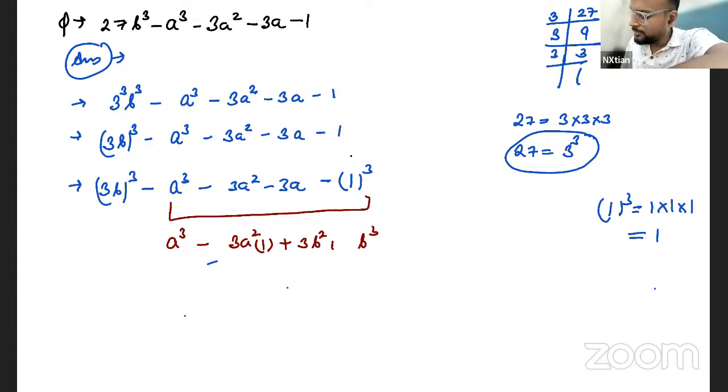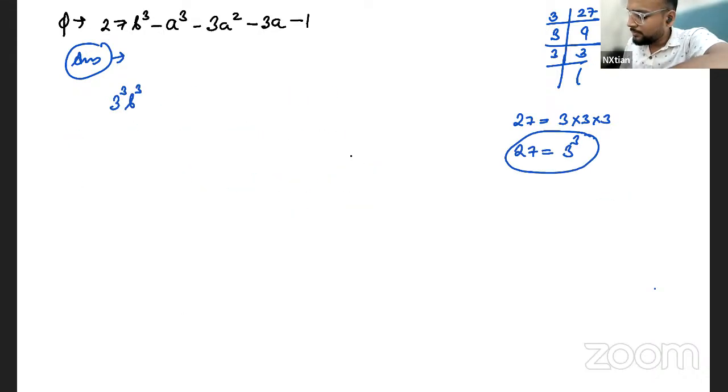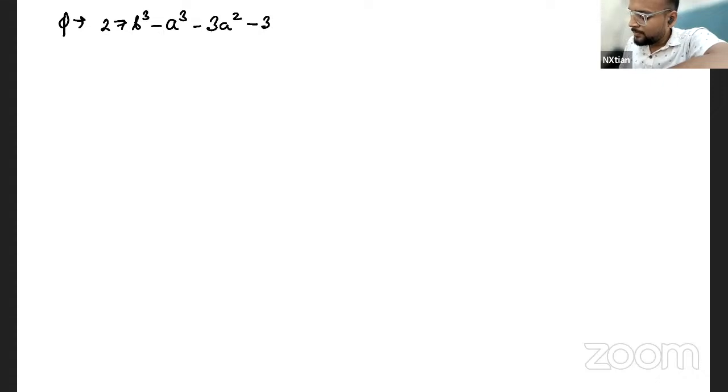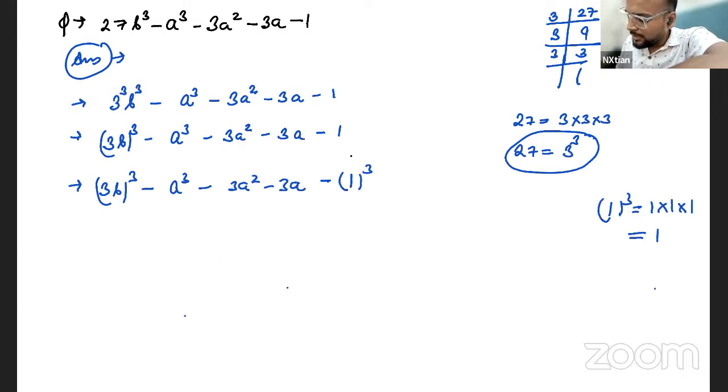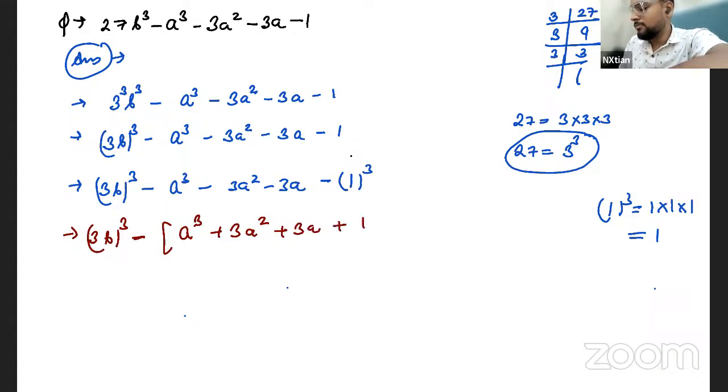Now I will write 3b cube minus as a common: a cube plus 3a square plus 3a plus 1 cube.